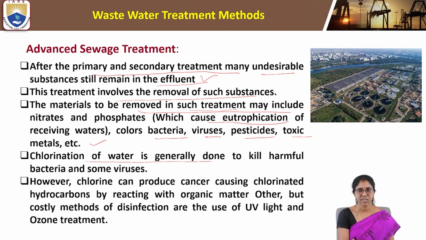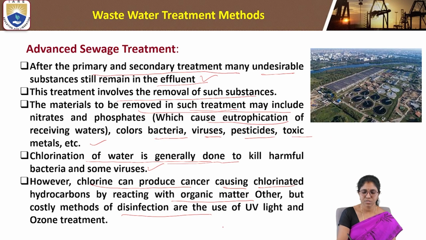Chlorination of water is generally done to kill harmful bacteria and some viruses. We know that disinfection takes place by chlorination. However, chlorine can produce cancer causing chlorinated hydrocarbons by reacting with organic matter. The costlier methods of disinfection are the use of UV light and ozone treatment.